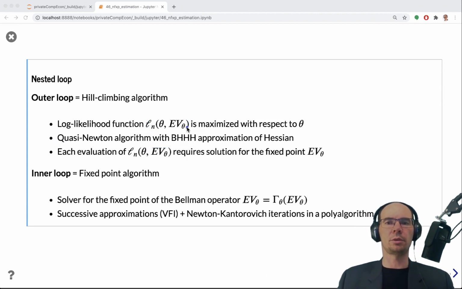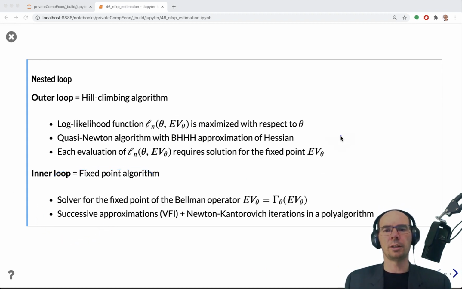And in order to evaluate this likelihood in the new point, we have to solve the problem all over again. And therefore, in order to estimate the model and find theta, the values of the parameters which maximize the likelihood, we have to solve the model very many times.